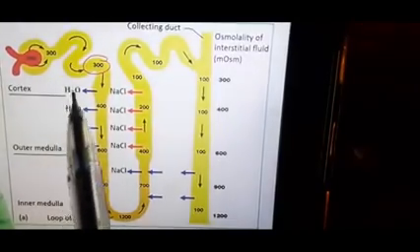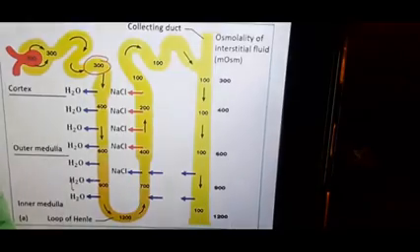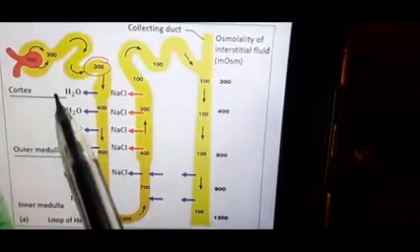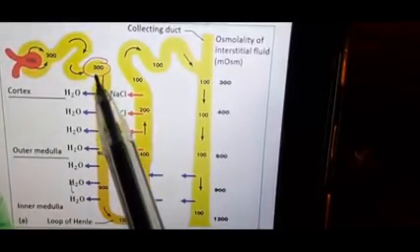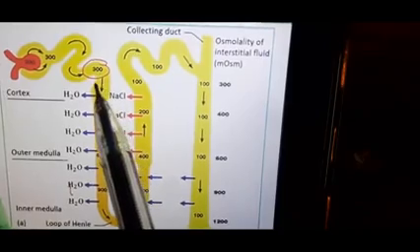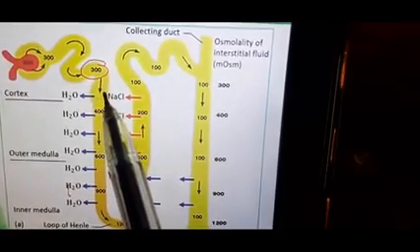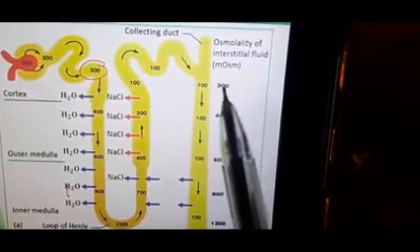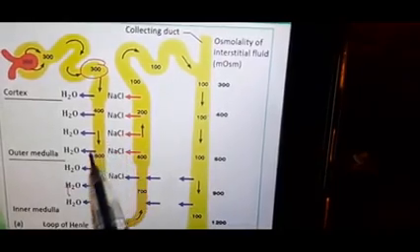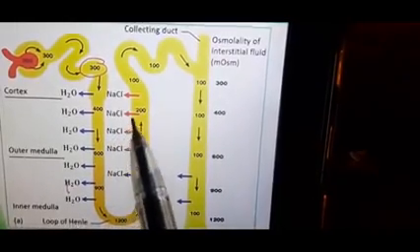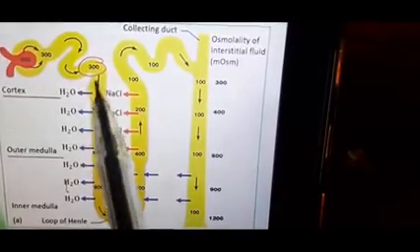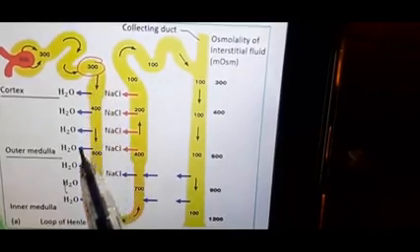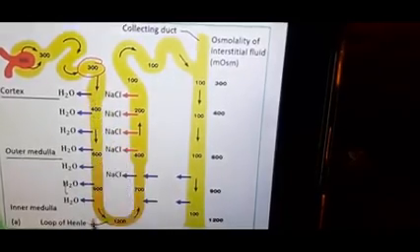initially, in the medulla as well as cortex, is 300 milliosmoles per liter. MOSM is the milliosmoles. Milliosmoles means number of particles per liter. So 300 milliosmoles are there in the beginning when the filtrate is passing into the loop of Henle.